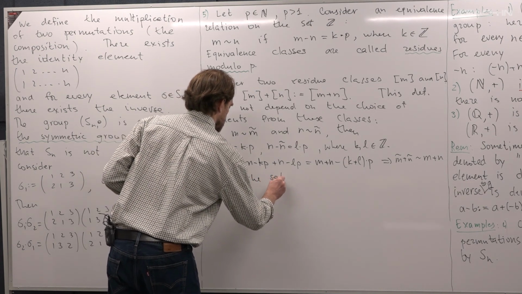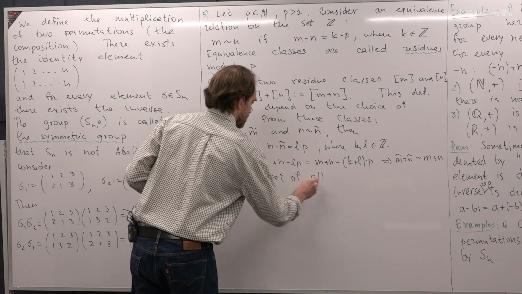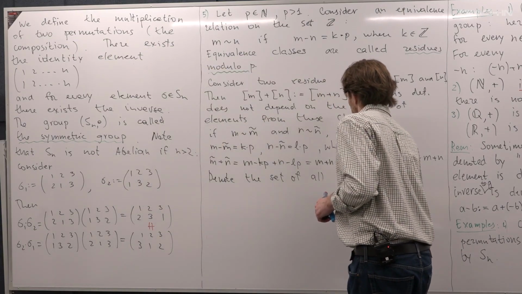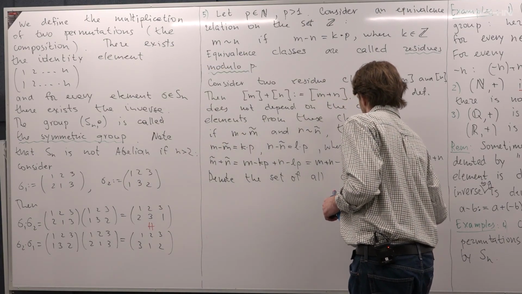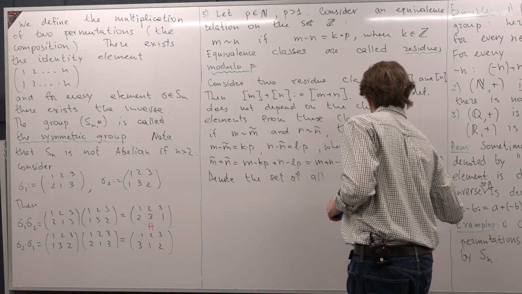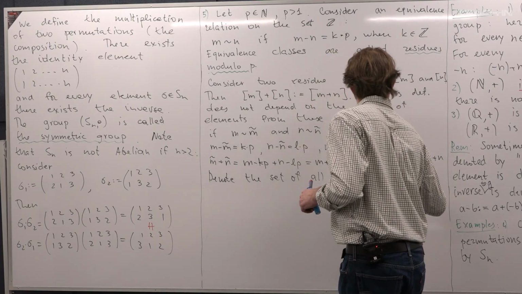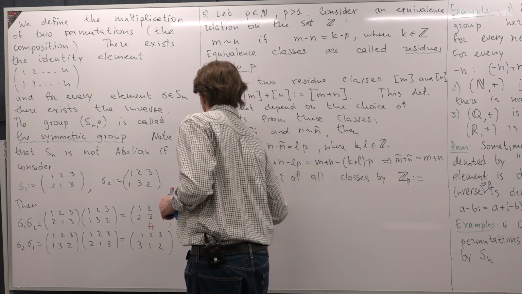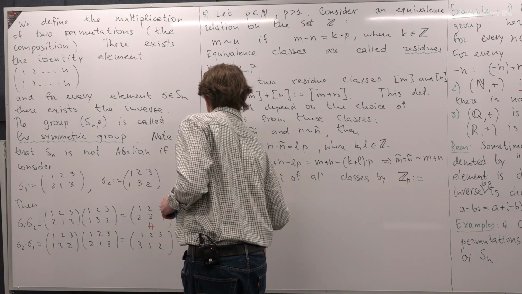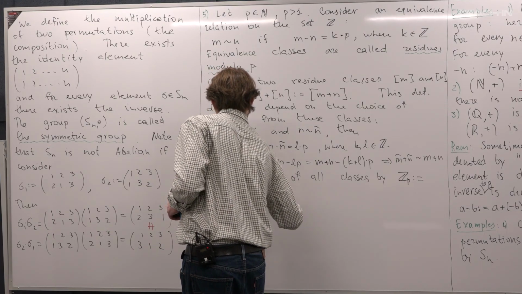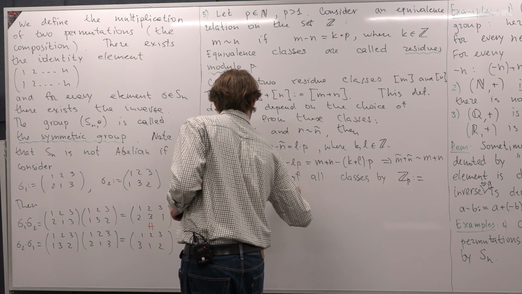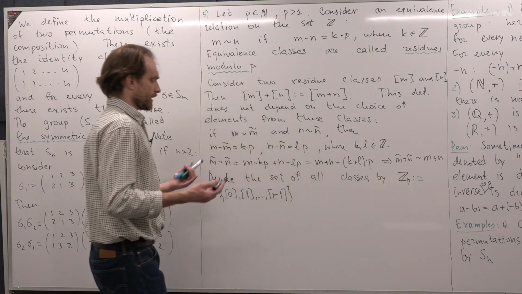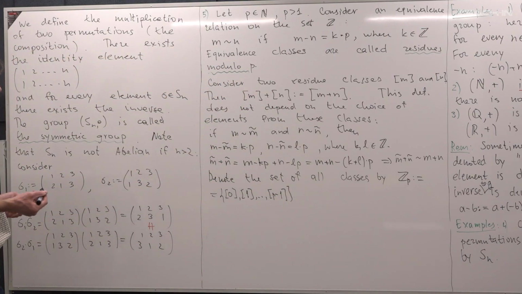the set of all classes by Zp. So this Zp is the set of classes of 0, 1, etc., p minus 1. So it consists of p elements just because the class of p is the same as the class of 0.